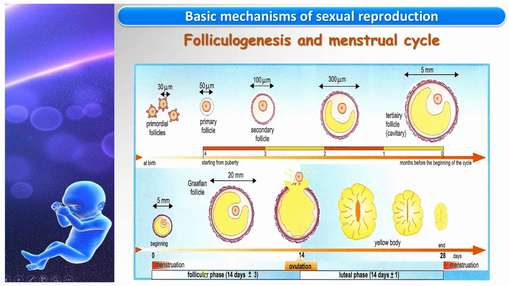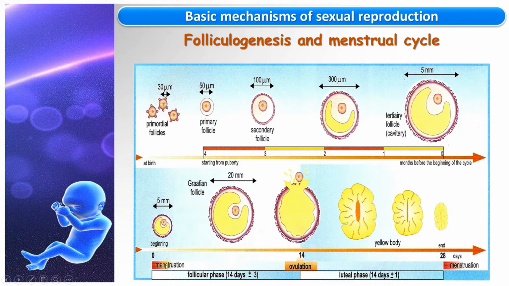The first phase is called the follicular phase that lasts 14 plus or minus 3 days, which means 11 to 17 days. The second phase is called the luteal phase that lasts 14 plus or minus 1 day, which means 13 to 15 days.